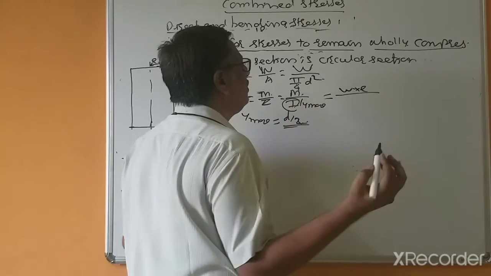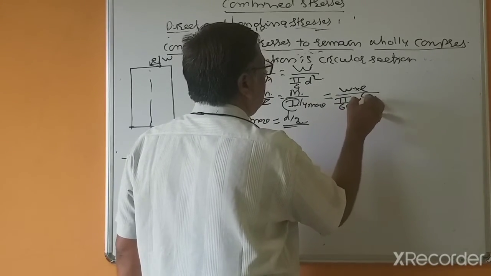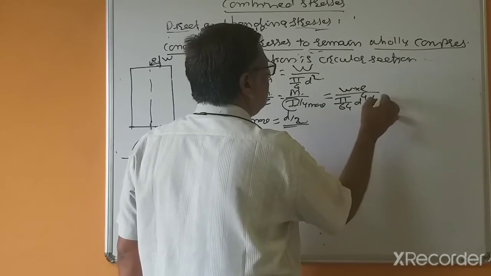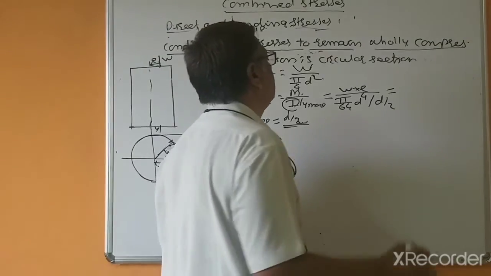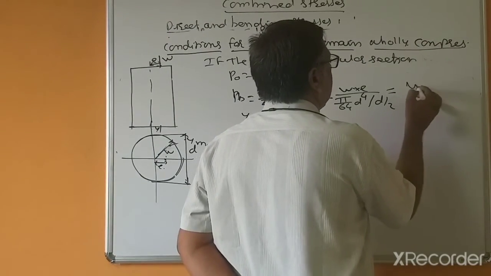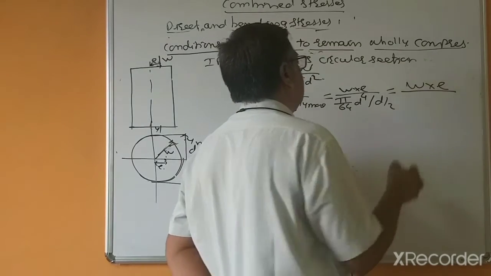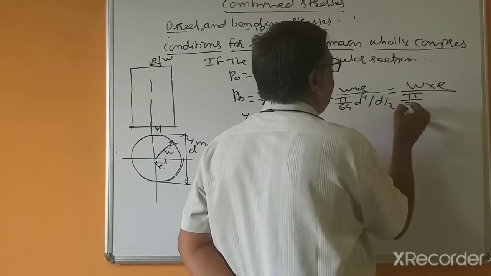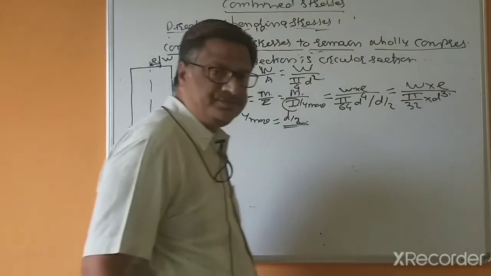Moment of inertia for a circular section, as you know, is pi by 64 D raised to 4, and Y is D by 2. So W into E divided by pi by 32 into D cube.